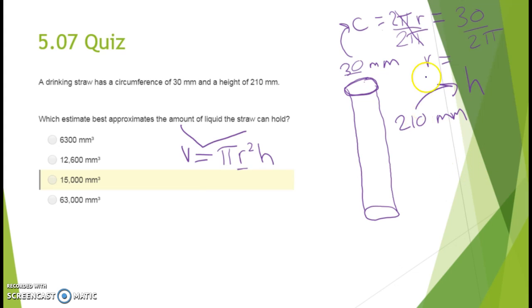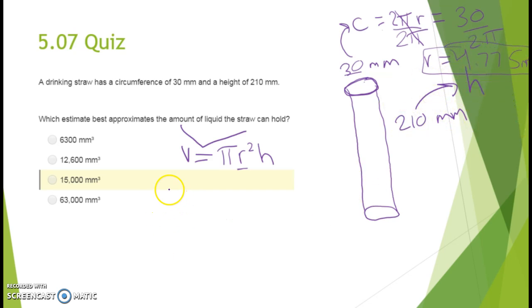And you should get, if we round it to 3 decimal places, to the thousandths, about 4.775 millimeters for the radius. So the radius is 4.775 millimeters.